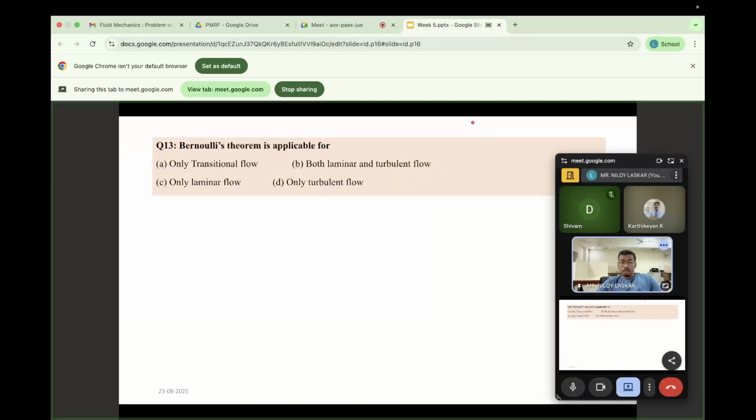Yes, the correct answer is option B, that is, it is applicable for both laminar and turbulent flow.